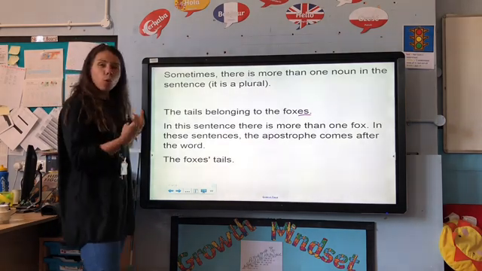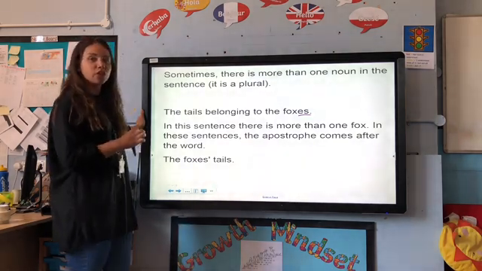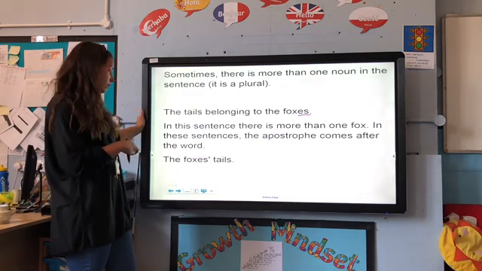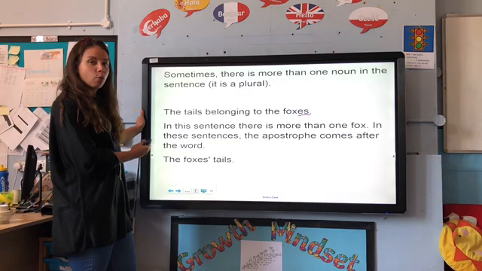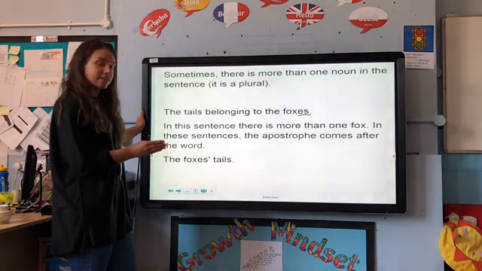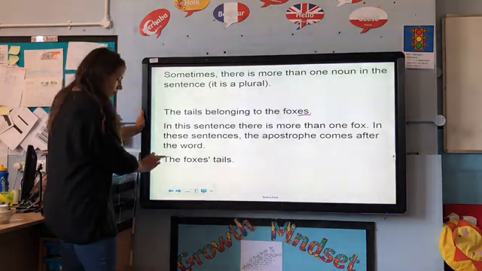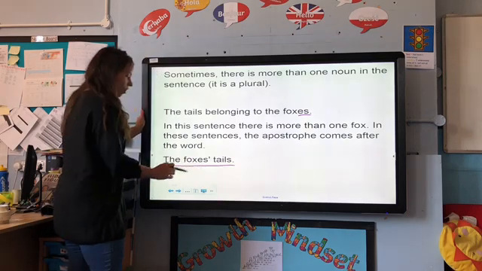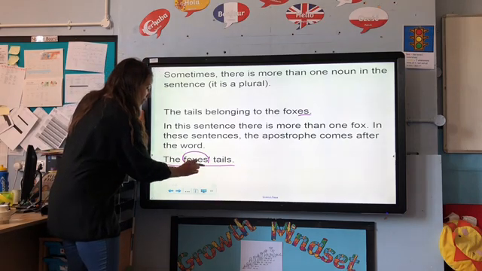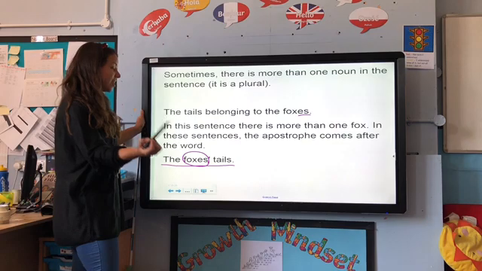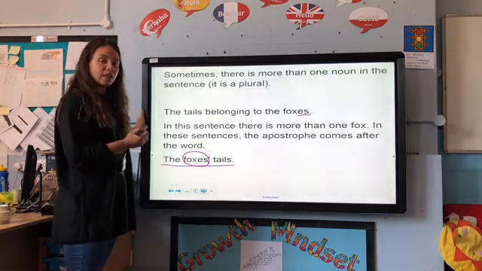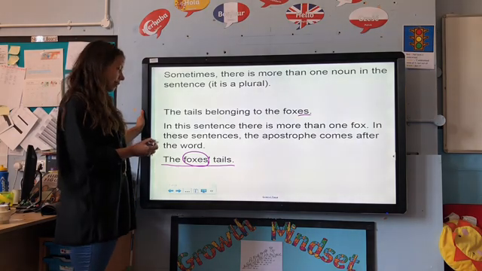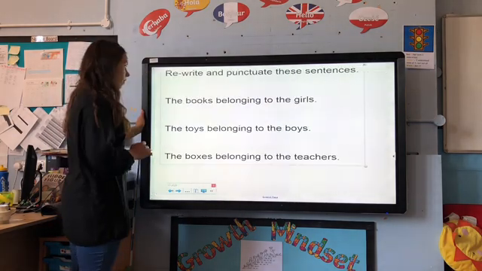So when we've got more than one noun and we're trying to show belonging to a group of things, the apostrophe goes after the last letter in that word, and you don't add an S afterwards. So here, the foxes' tails, our word is already a plural, and we show that the tails belong to the foxes by putting the apostrophe after the S in foxes, after the last letter in that word.